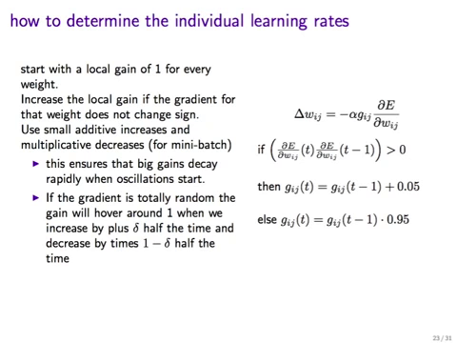The method works like this. If the derivative of the error function for a specific weight keeps its sign, so the product of two subsequent derivatives is greater than 0, it doesn't flip, then we can safely increase the learning rate for that particular weight. And if it flips, well, then we quickly decrease it.